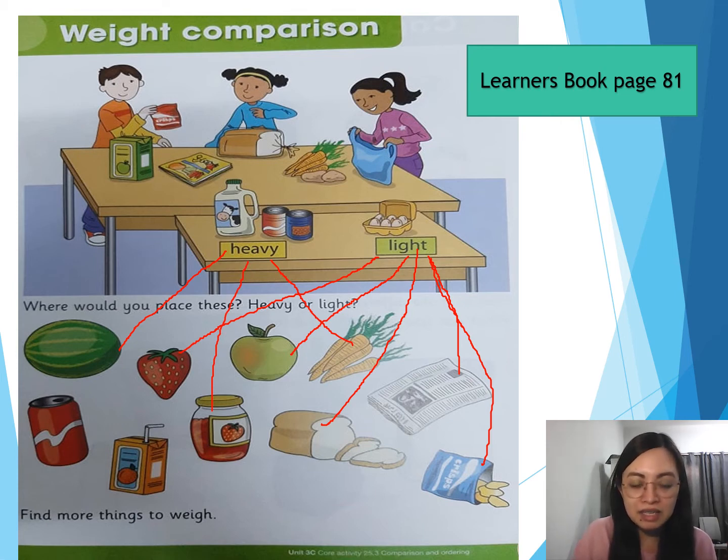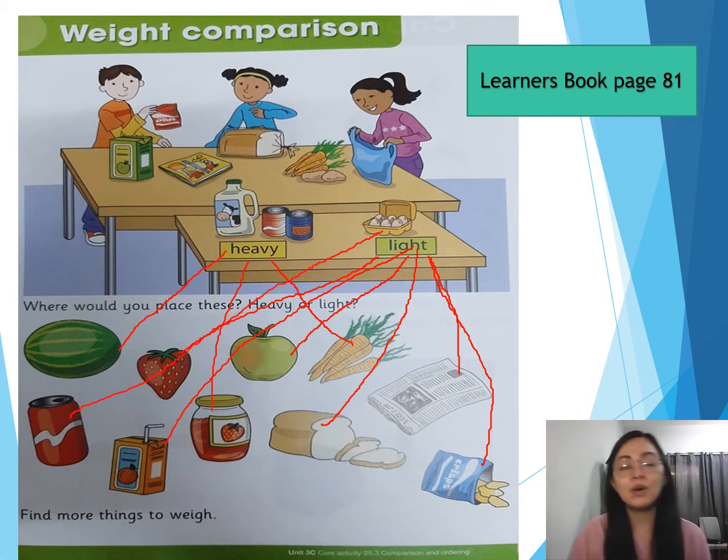How about this carton of juice? Orange juice. Okay, it is light. How about this soda can? Is it heavy or light? Okay, it is light. So I know, kids, you know how to identify things if they are heavy or light.